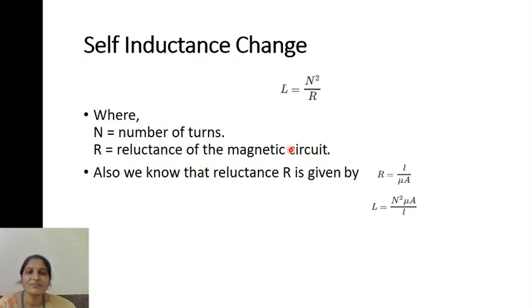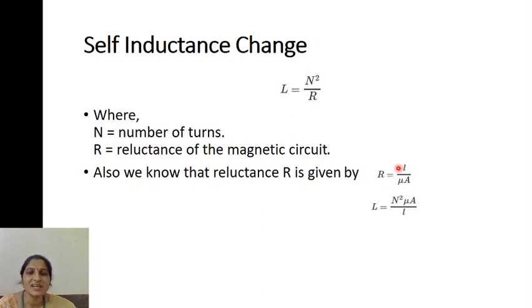Reluctance R is equal to l by mu A, where mu is the permeability of the coil, A is the area of cross section and l is the length of the coil.